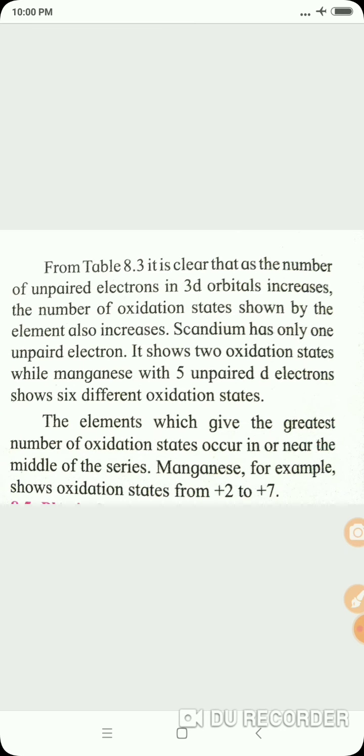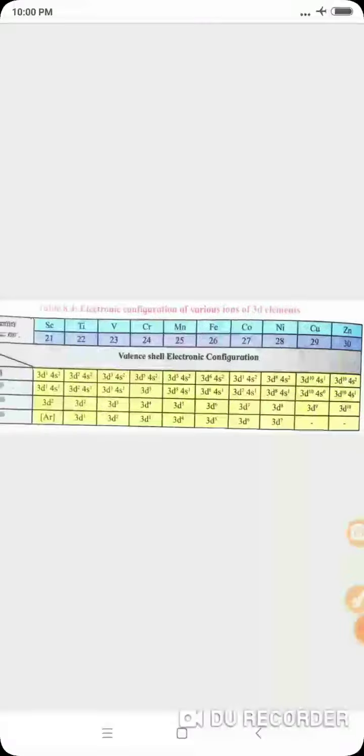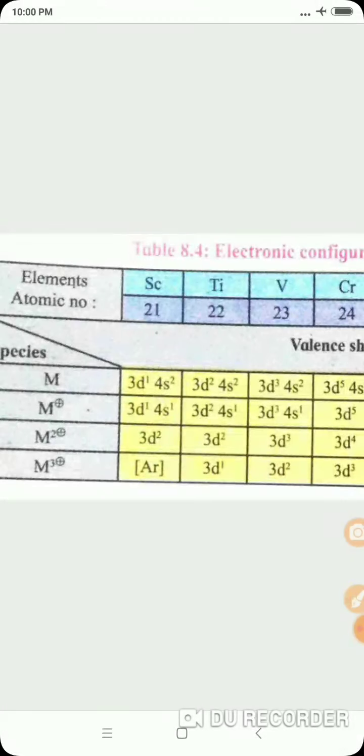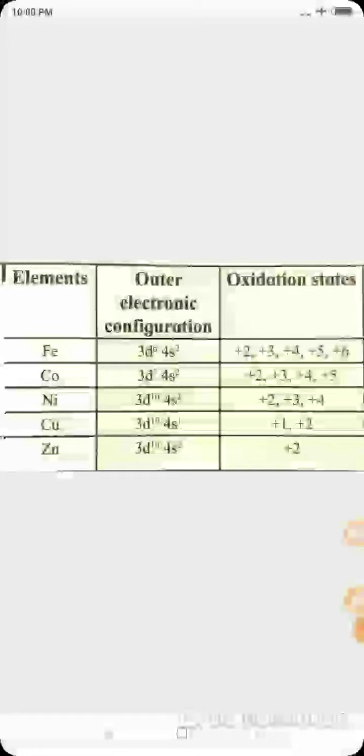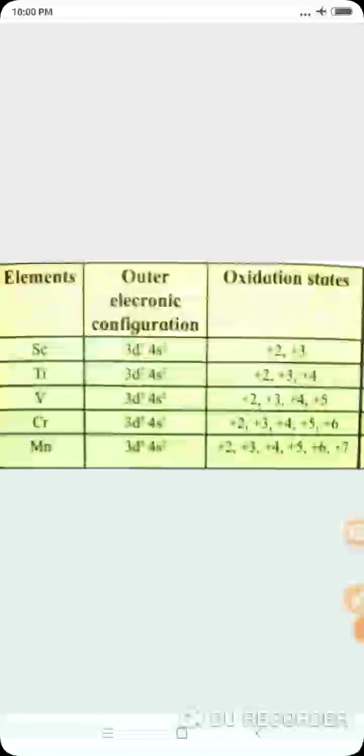It shows two oxidation states. See in the table, scandium shows the two oxidation states, +2 and +3.